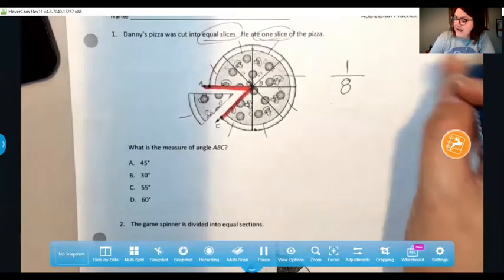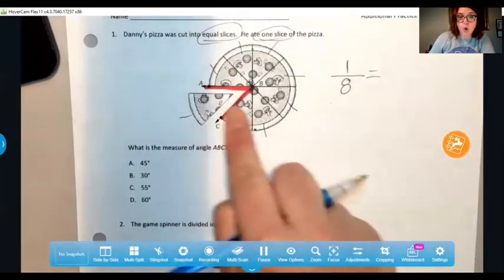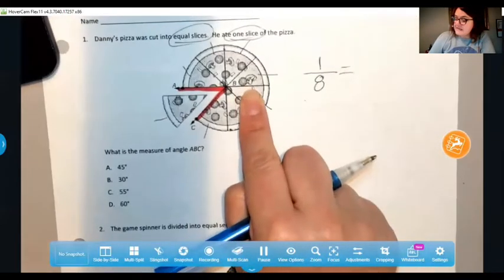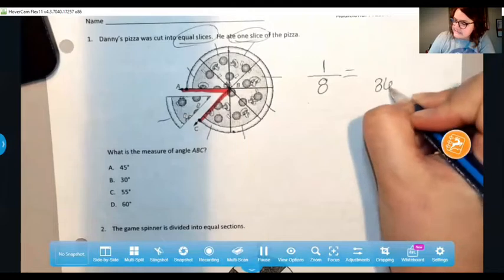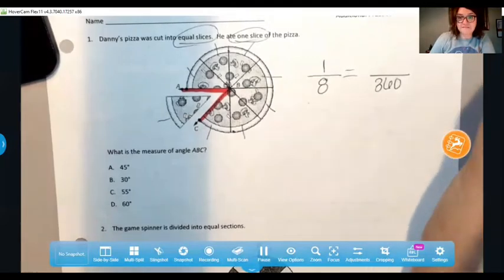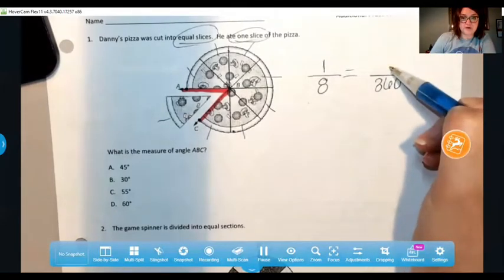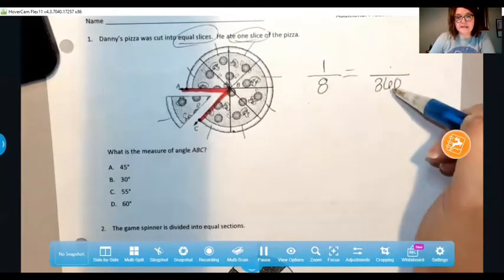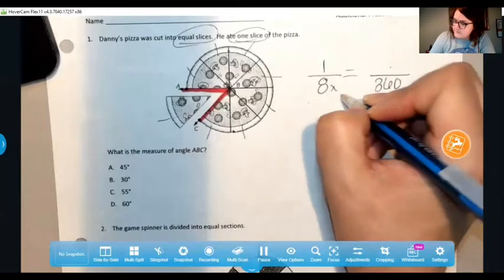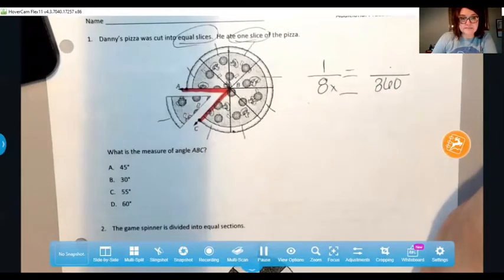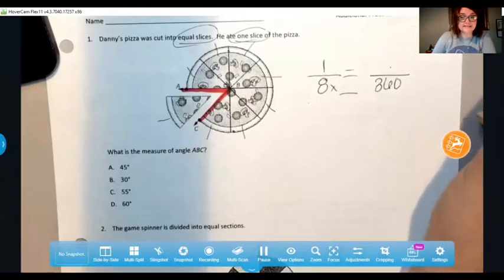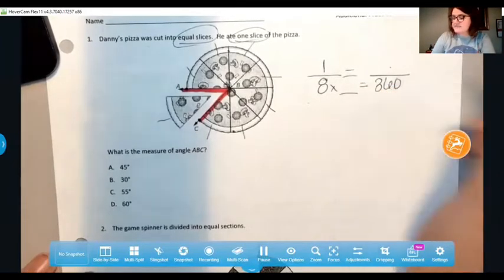Knowing that a whole pizza is 360 degrees, I'm going to figure out what our numerator is. So I have to figure out 8 times what equals 360. Another way that we could do this, because it's the opposite of multiplication, is to divide.